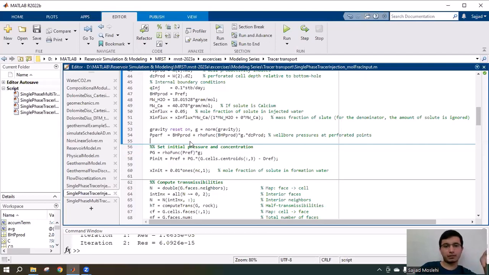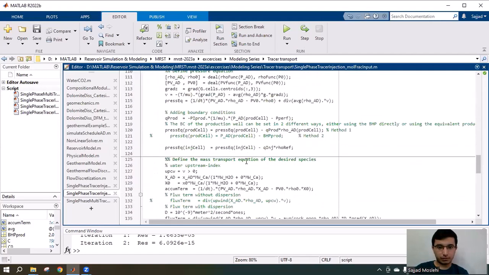And I was talking about the second formulation. In this formulation, we use mass fraction values for the tracer. As I told you, for writing the mass transport equations, we need to have mass fractions; we cannot use mole fractions. Let me tell you the reason.